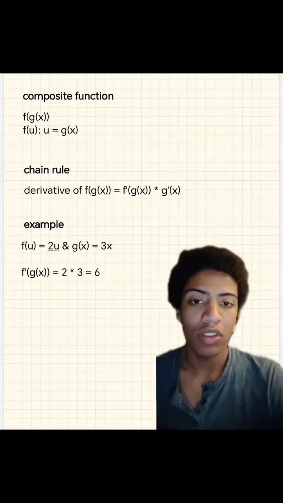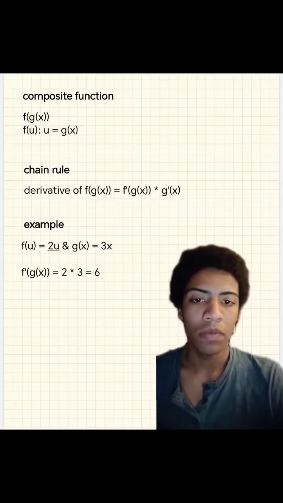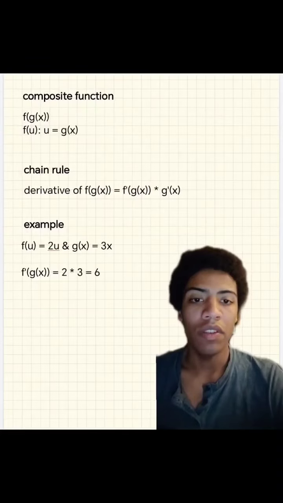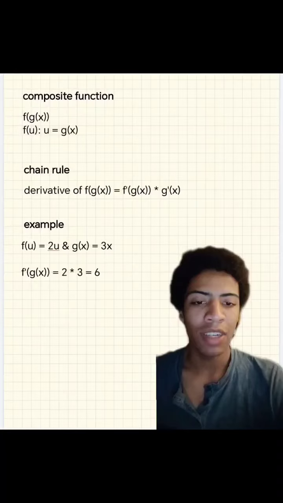So you basically just ignore the inner function of the composite function and just kind of see it as one variable, and then you multiply it by the derivative of the inner function later. So this might not be a good explanation, but let me give you an example.